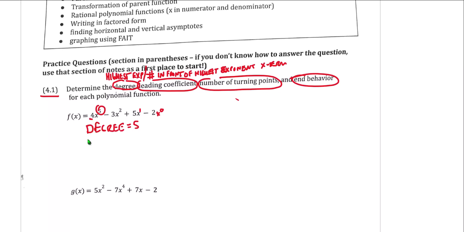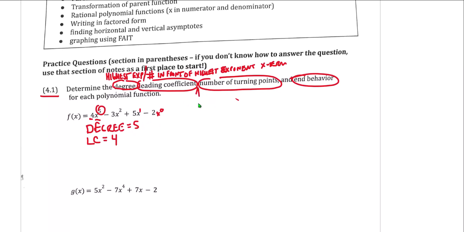And then, of course, the leading coefficient, I'll just write LC, is going to be 4, as the 4 is the coefficient of the highest degree x term. In terms of the number of turning points, you have a maximum number of turning points.